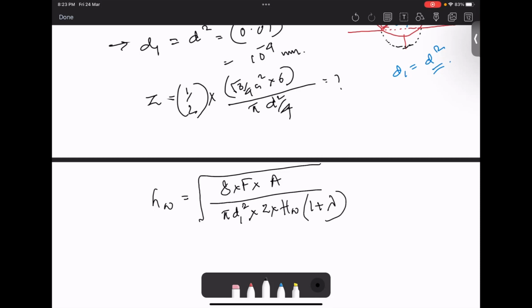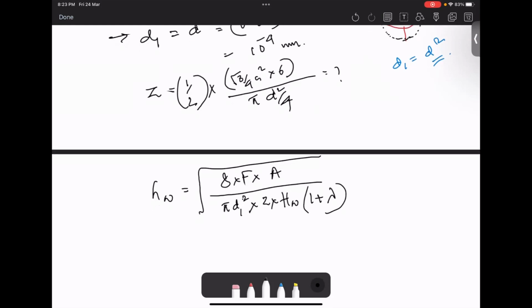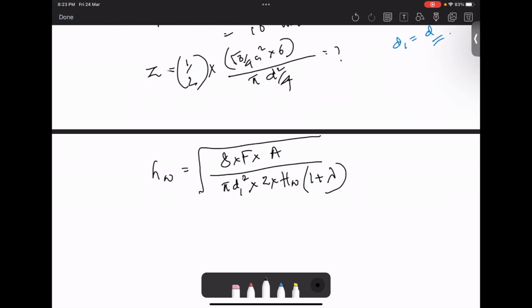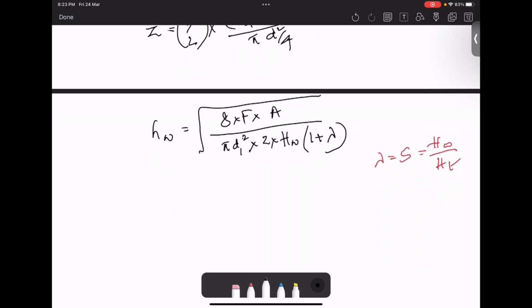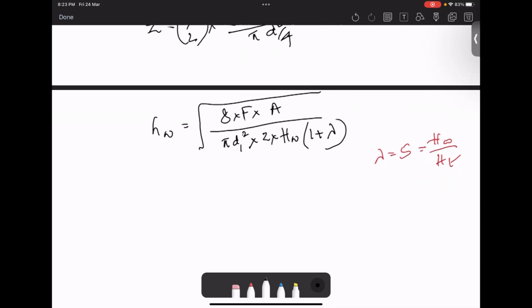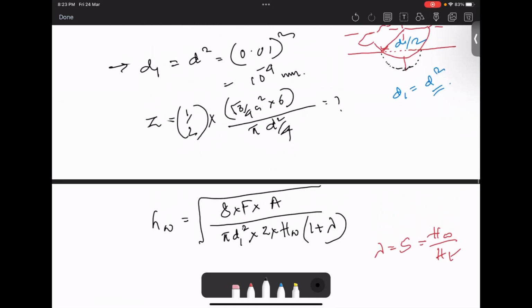Lambda is the ratio of the hardness of workpiece to that of tool. Let's suppose it is 5. So given that, you plug in the value of d1, which we found out here.